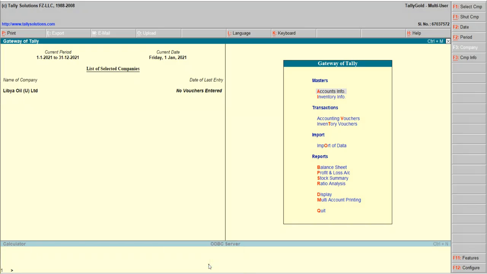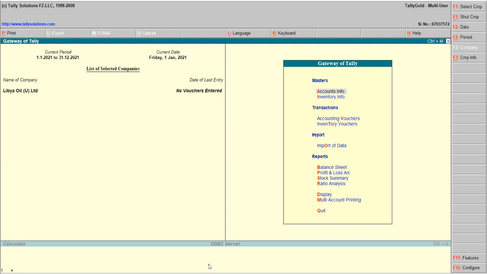So now we look at the gateway of Tally on your screen. Gateway of Tally screen is separated into 4 sections, as you can see.